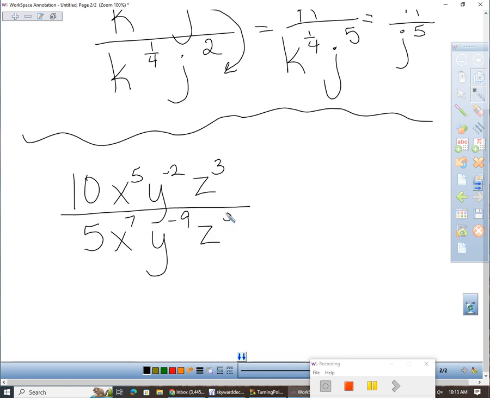Huh? Okay. Cooper, where do you want to start? Good. Z to the 0 right here equals 1. That's gone.